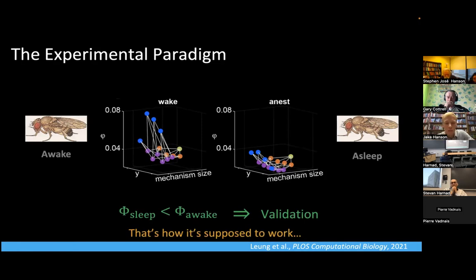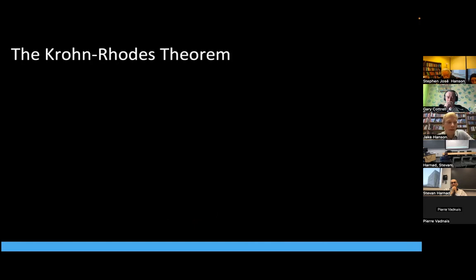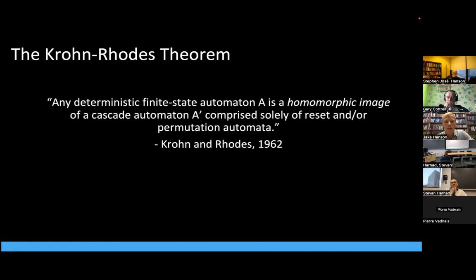But where I got confused about this is there's a theorem in automata theory called the Krohn-Rhodes theorem. What it states is that any deterministic finite state automaton is a homomorphic image of a cascade automaton comprised solely of reset and permutation automata.